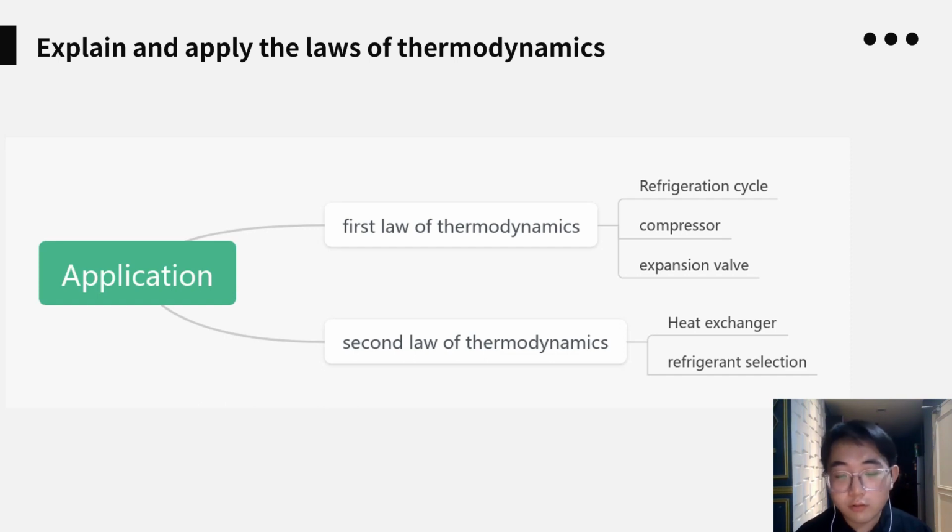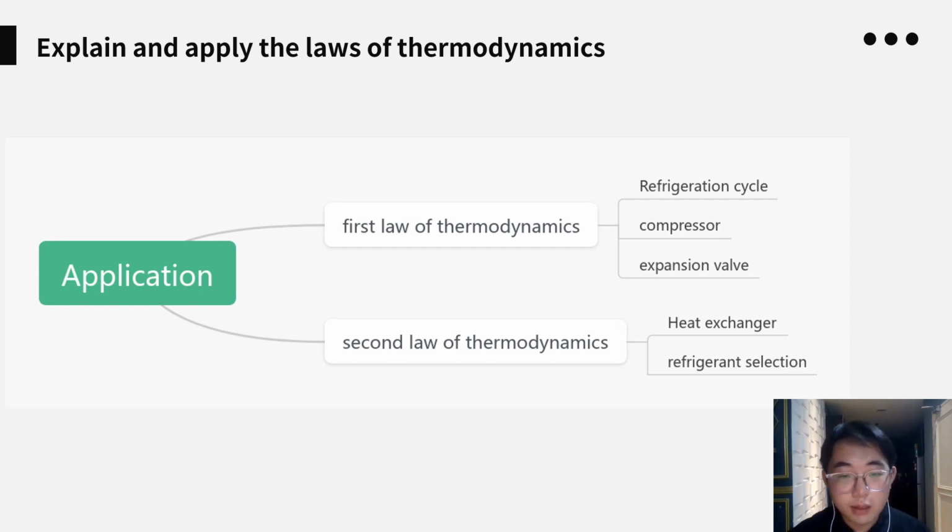According to the first law of thermodynamics, the energy absorbed by the system is equal to the sum of the work done by the system and the energy discharged by the system. Components such as compressors and expansion valves in the air conditioning system compress and expand gas. This process involves the conversion of energy. So the first law of thermodynamics ensures that the energy in this process of the system is balanced.